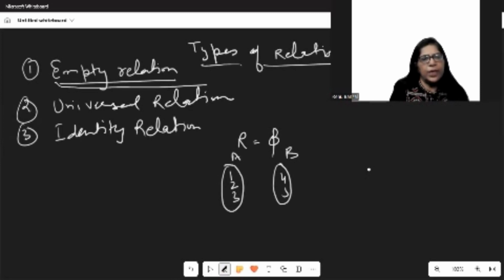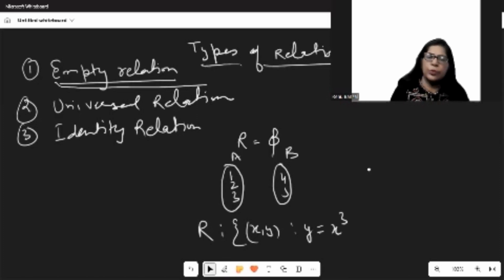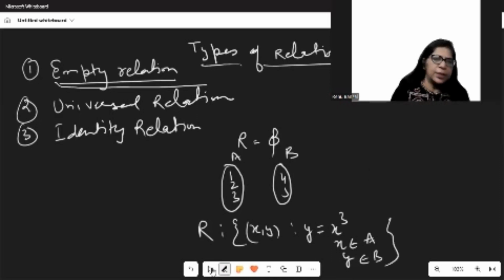If I take a relation such that the ordered pair has y is equal to x cube, where x belongs to A and y belongs to B, let's make the steps.